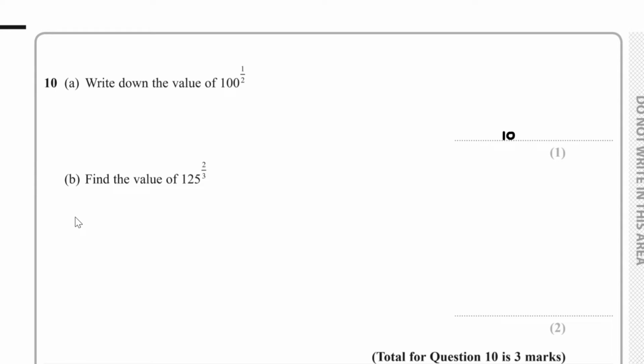Well, this is the same as raising 125 to the power of 1/3 and then squaring it. Of course, multiplying the powers gives us the 2/3. So when we raise something to the power of a third, that's the same as cube rooting. So we've got the cube root of 125, which is 5. So we've got 5 squared, which is 25.